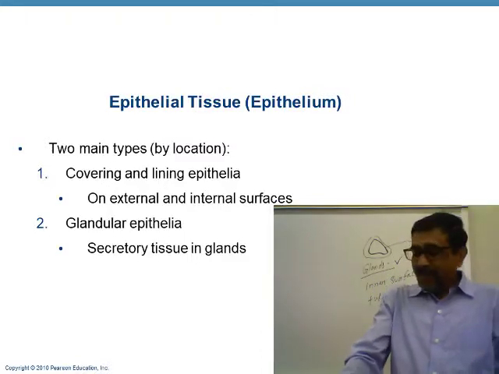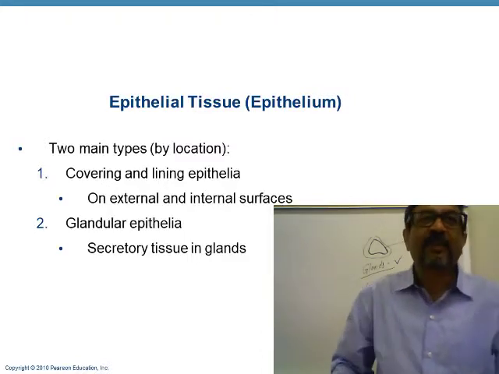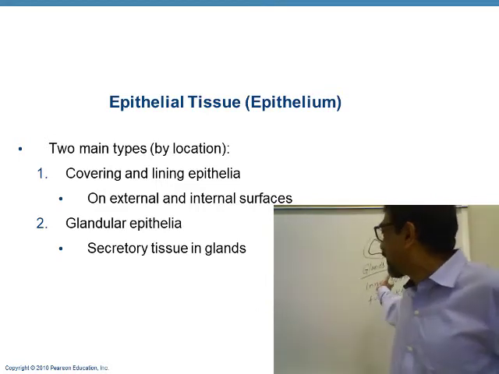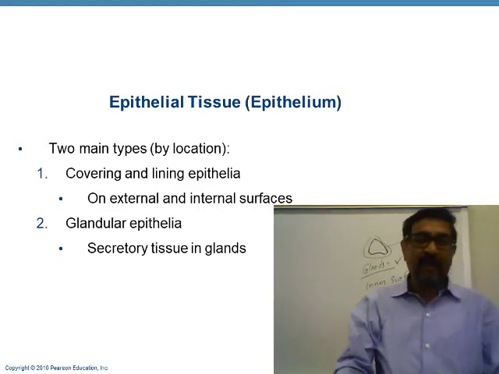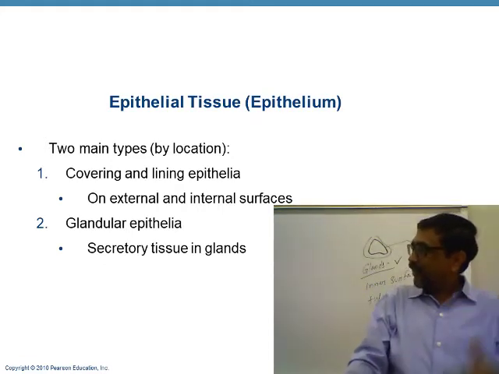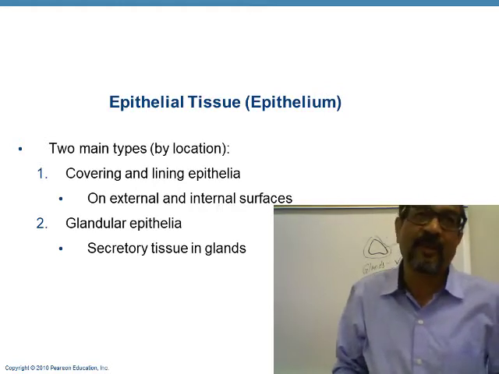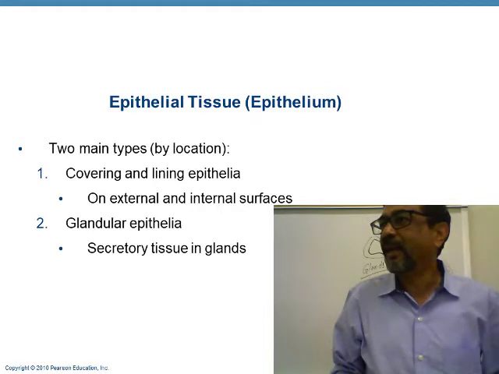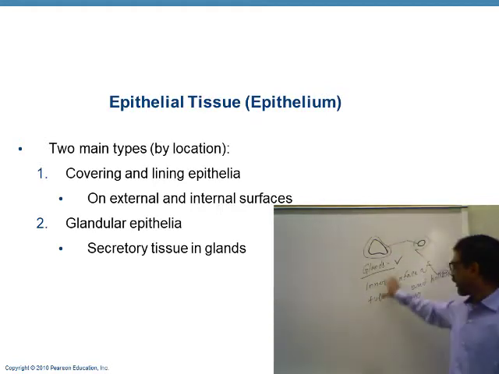As I have already mentioned, by location we can divide the epithelial tissue into two types: glandular, which I just mentioned a few minutes ago, and lining epithelium. Lining is also called covering and lining epithelium. So those are two types: glandular and covering and lining epithelium.